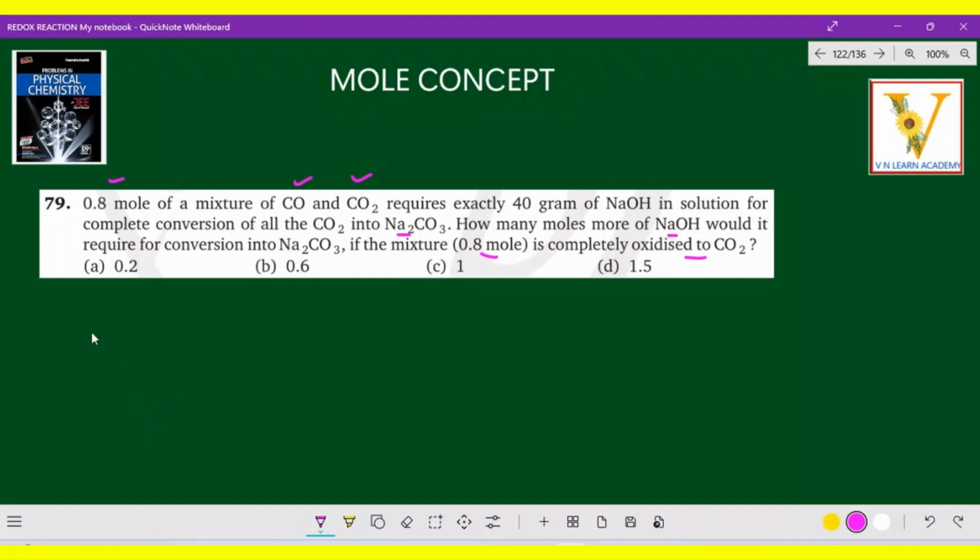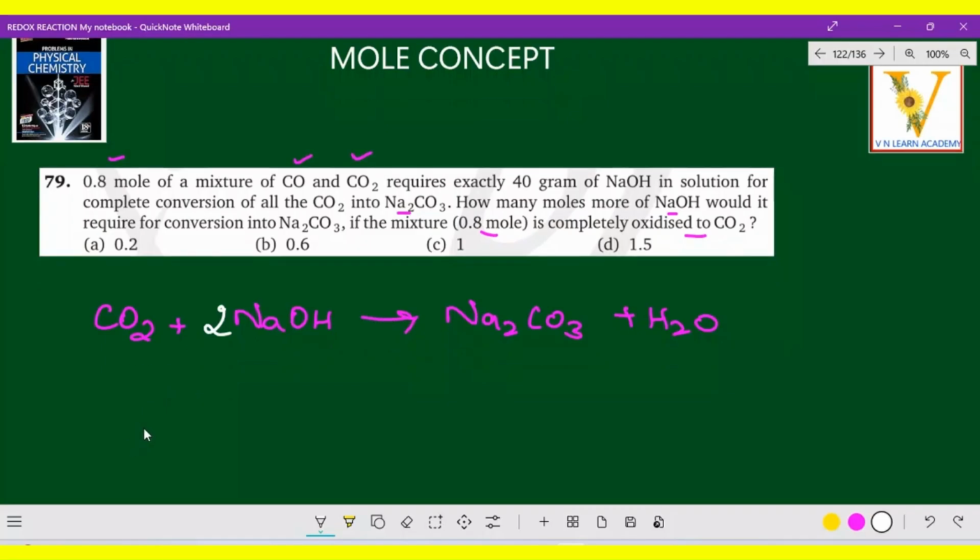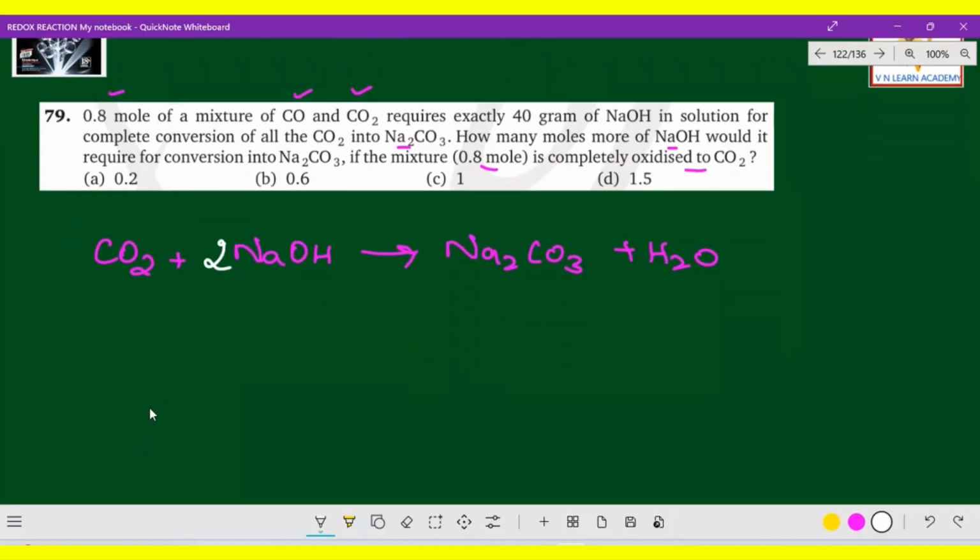Yes, come on, let us check the reaction here. CO2 plus NaOH gives Na2CO3 plus H2O. So this is the reaction. Here balancing the equation, Na2CO3 plus H2O, right? Yes, balanced. Now we have to identify the number of moles of sodium hydroxide. Number of moles is given mass by molar mass, and the given mass they have provided already.